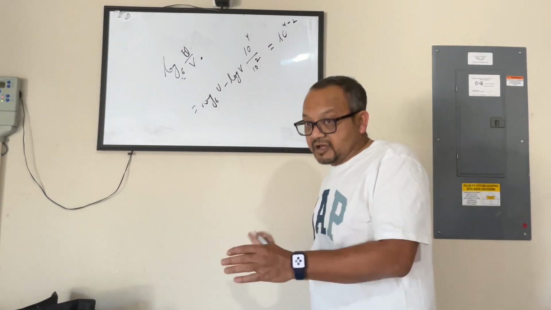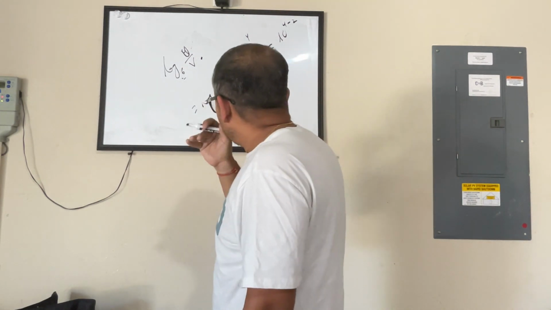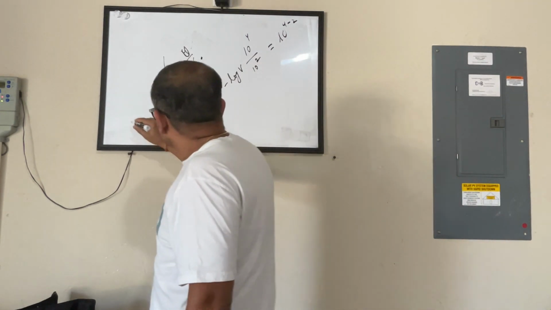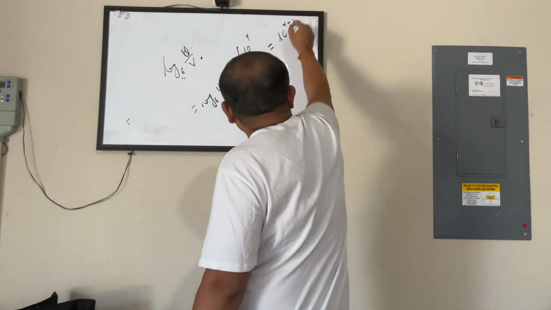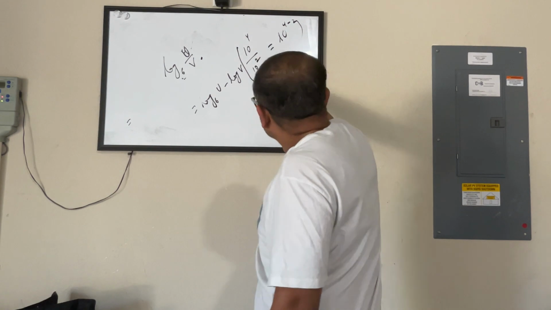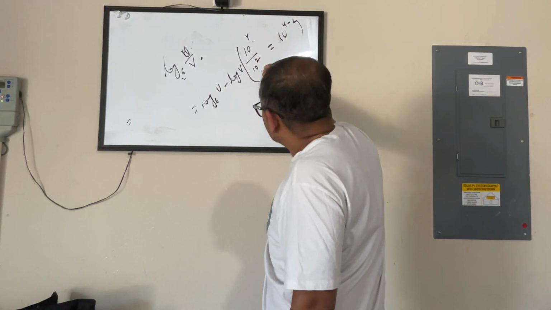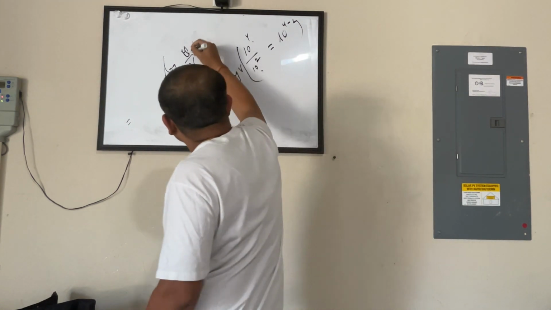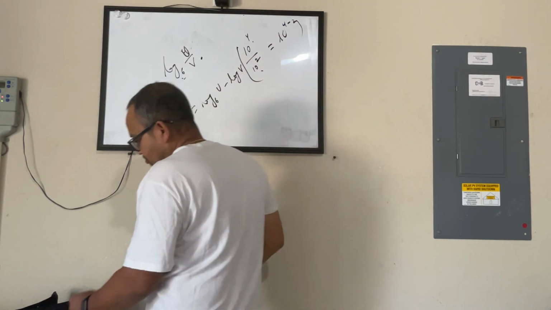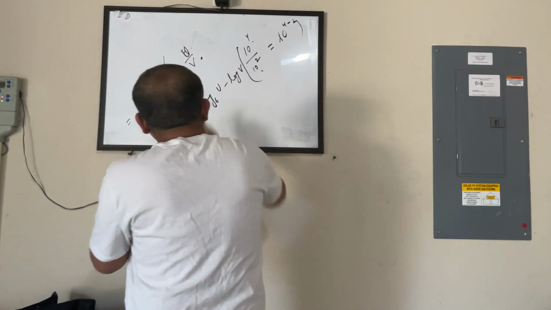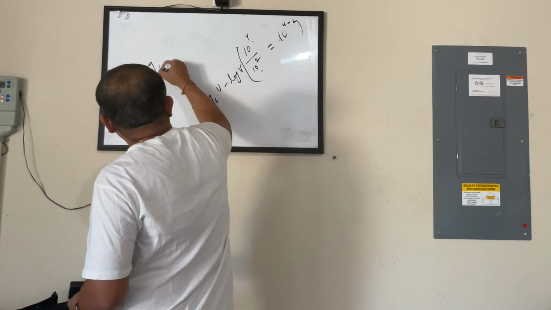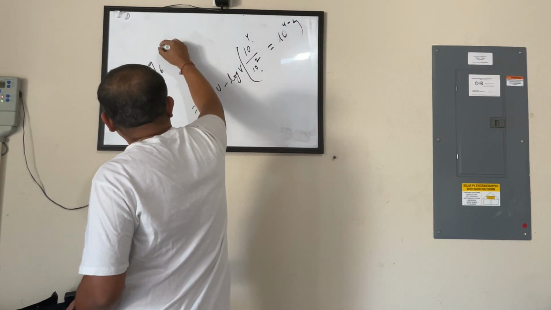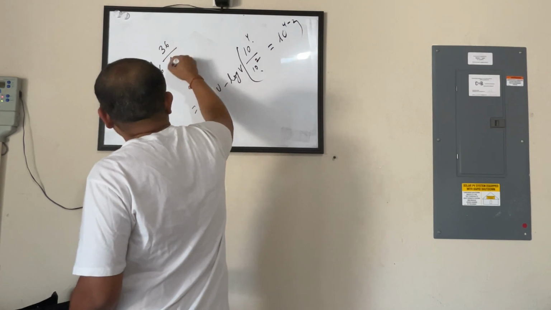Now you will say why or how. Look at this as a number. Now, like the exponents that we have seen so far, in this case, what happens? 10 to the power 4 by 10 to the power 2. If we are trying to find log of, let's say, 36 by 6.